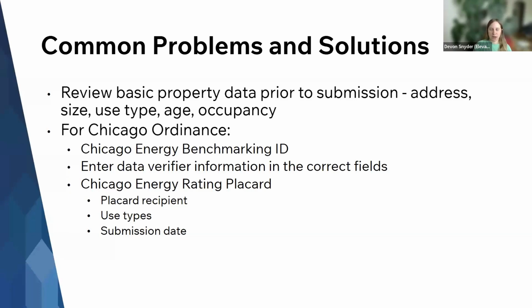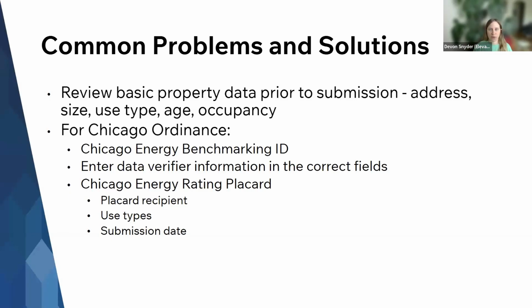And some other common problems that can be helpful to address before submission that we've seen often is inaccurate basic property information. So this is specifically relevant if you are taking over a property that's been benchmarked before, making sure that you're not just carrying over those values in case the size of the property has changed, if there's been a change in primary address for the notices, if the overall use type has changed, like if there's a new primary use type based off of recent construction, if the occupancy has changed, as well as making sure that the general age of the property is correct from the beginning.